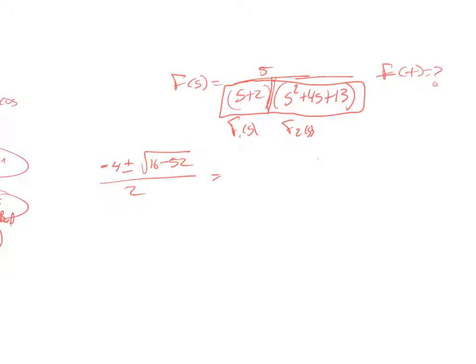So that's going to be equal to negative 4 plus or minus the square root of negative 36 all over 2, which is equal to negative 4 plus or minus j 36 all over 2. By factoring out a j, I'm just factoring out the square root of negative 1, which we know is equal to j. That is equal to negative 2 plus or minus the square root of 36 divided by 2.